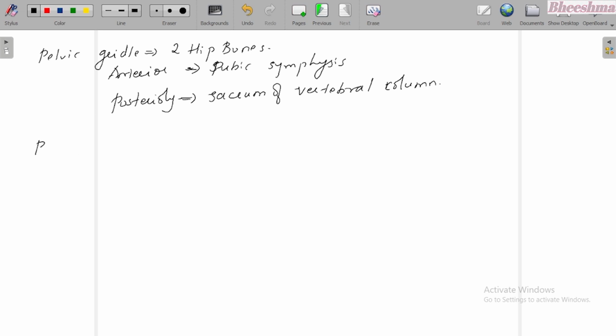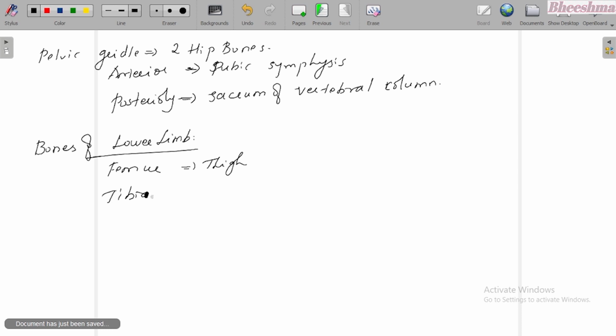Next, about the bones of the lower limb. Here in the lower limb, the femur within the thigh. Next, tibia and fibula within the leg.